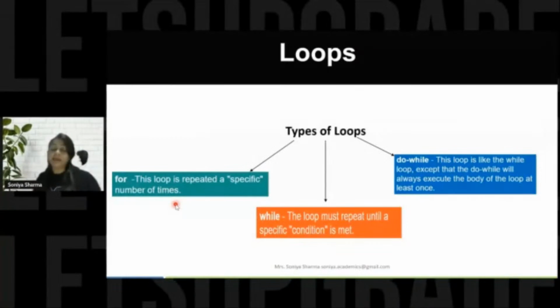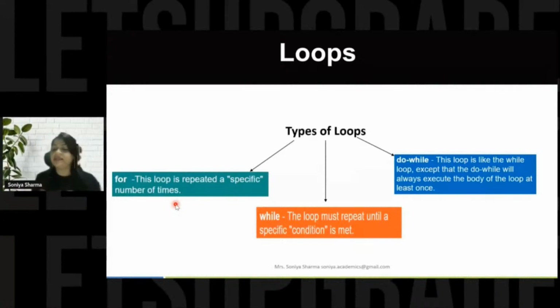But if somebody says count the number of digits of the entered number, now you don't know what number is going to be entered. It could be a 3-digit number, a 5-digit number, a 10-digit number. So in the cases when you don't know how many times the loop will iterate, you have to use while loop.